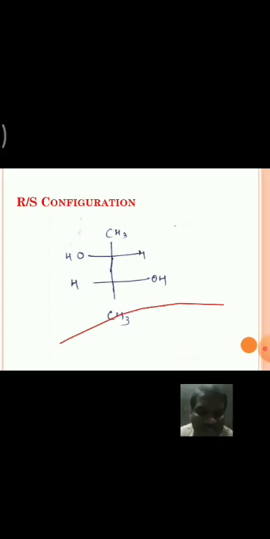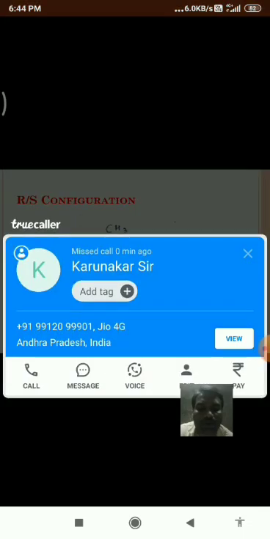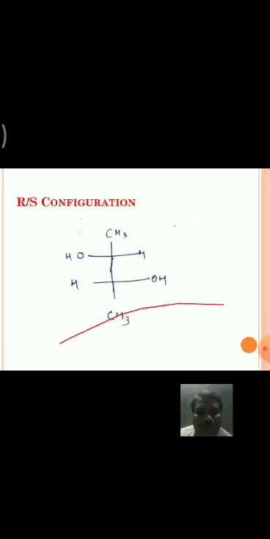And coming to R S configuration, it is absolute configuration. For giving R S configuration, first of all we have to give priority to the 4 groups attached to the chiral carbon. For that we have to know the sequence rules. After that, in wedge formula, if the lowest priority is with the hatched wedge bond, then 1 2 3 clockwise is R configuration, counterclockwise is S configuration.